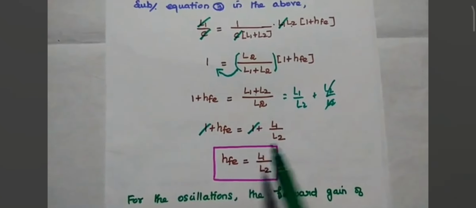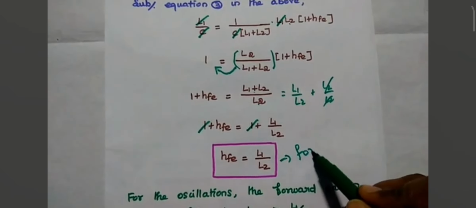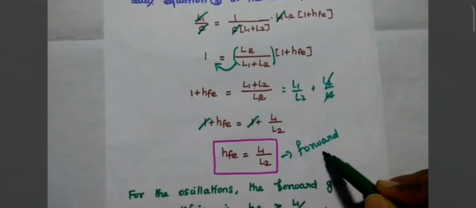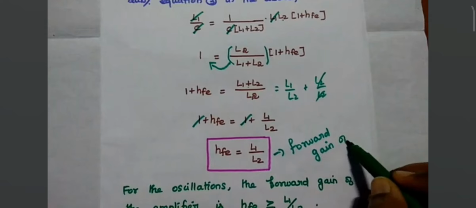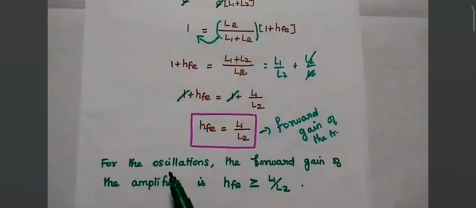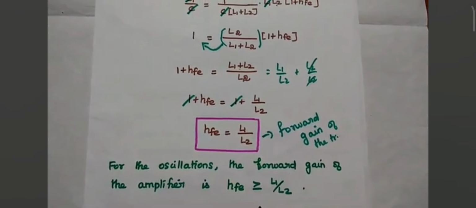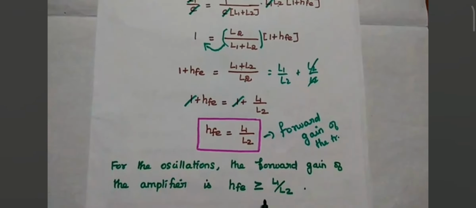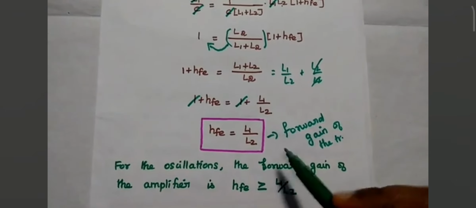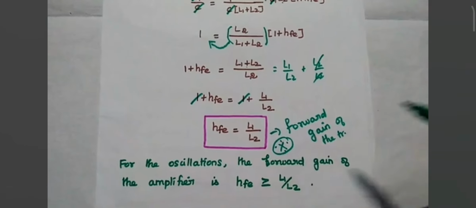Then we can get HFE is equal to L1 by L2, where this HFE is nothing but the forward gain of the transistor using the hybrid model. For Hartley oscillator to get oscillations, the forward gain of the transistor is always greater than or equal to L1 by L2. This is also an important formula to use to solve some problems.